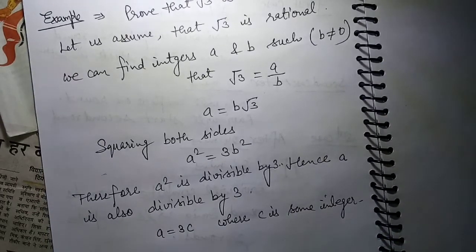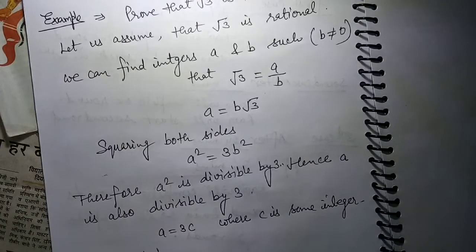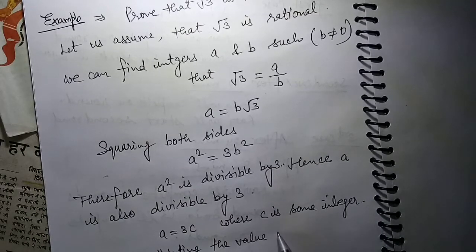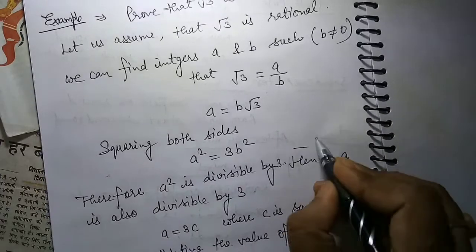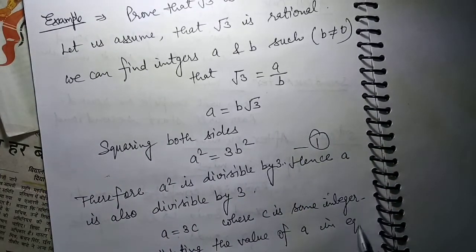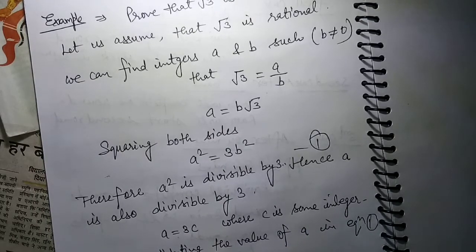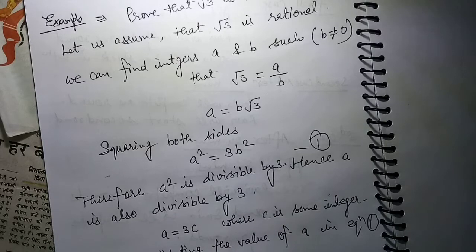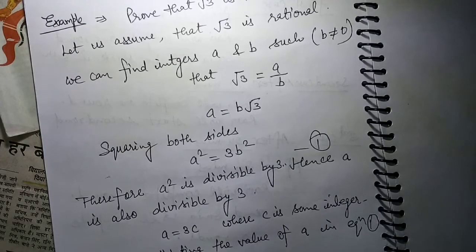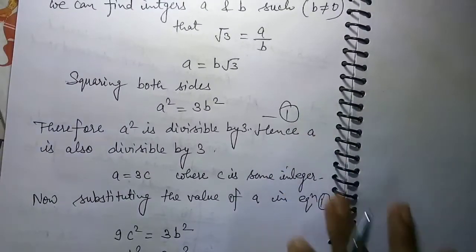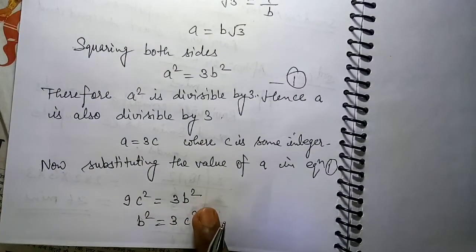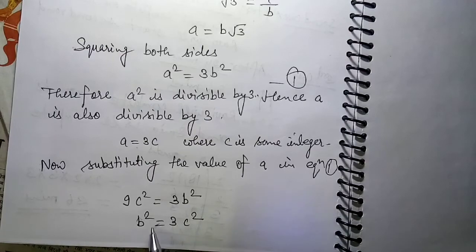Now substituting the value of a in equation 1, we get 9c square equals 3b square, which means b square equals 3c square.